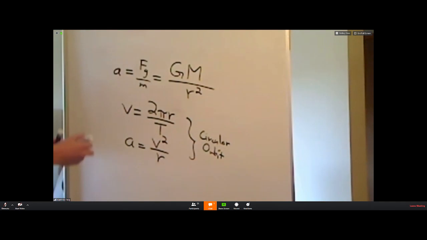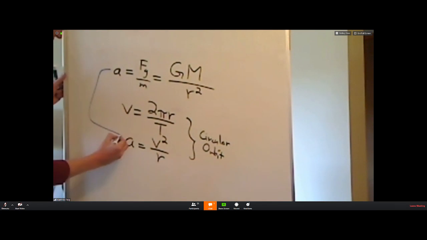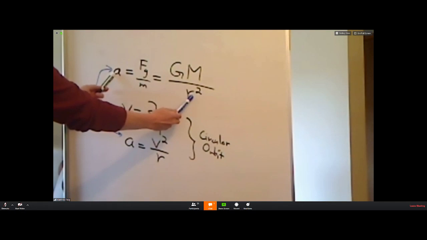So if I set these two equal, I could solve for a relationship. Here I have a relationship between a and r. If I set these equal, I can make that a relationship between v and r. And then if I use the middle fact, then I can get a relationship between T and r. Let's just do that really quick.